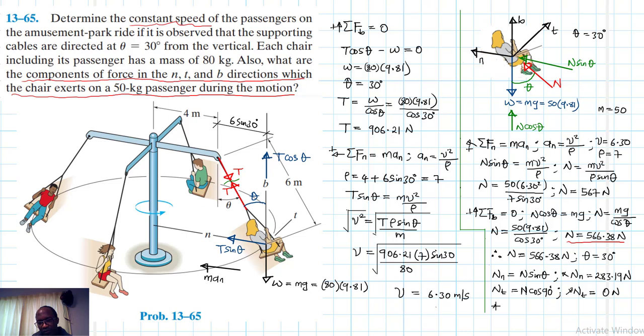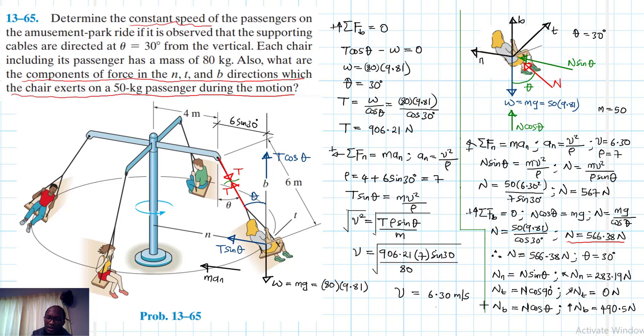And then we have NB, which is just going to be equal to N cos theta, and our theta is 30. So our NB, which is just also going up, becomes 566.38 cos 30, and this is giving us 490.5 newtons.